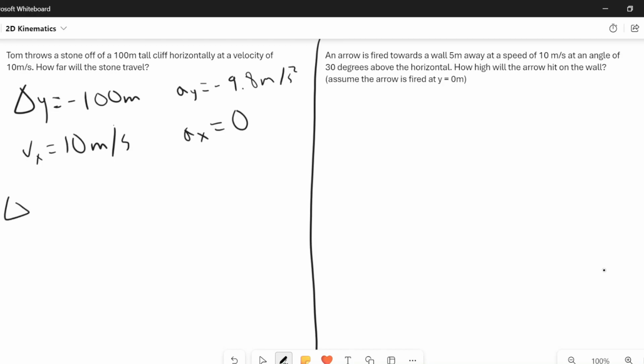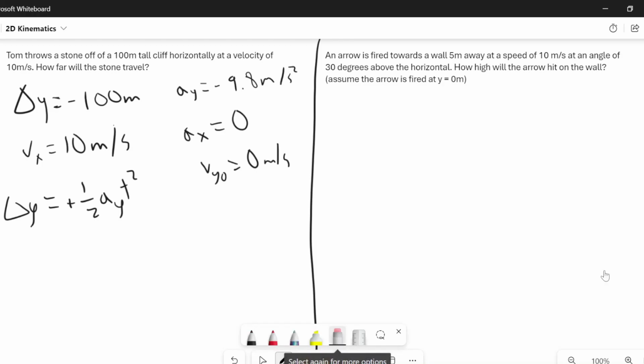We can use delta y equals negative 1/2 ay t squared, or positive 1/2, since the initial velocity in the y direction equals 0, since it is only being thrown horizontally, it's not being thrown vertically in any way.